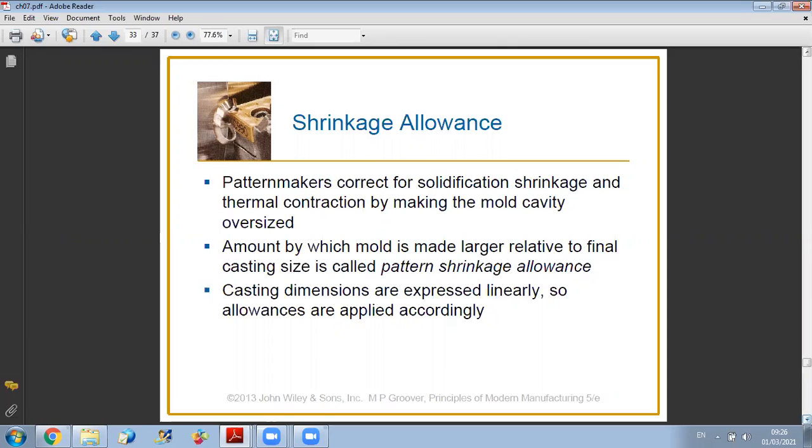This is why we generally oversize the mold cavity. The amount by which the mold is made larger relative to the final casting size is called the pattern shrinkage allowance. Of course, this requires special design and calculation. The casting dimensions are expressed linearly, so allowances are applied accordingly. So we have allowances in each dimension.